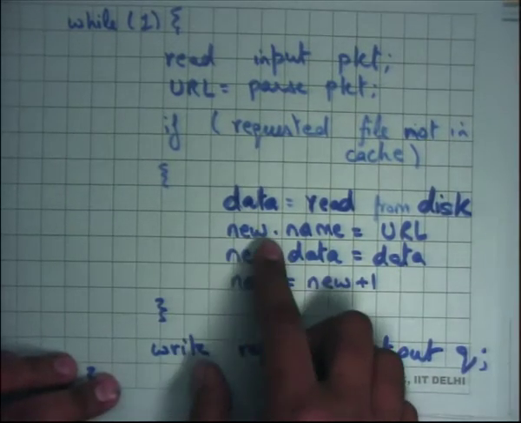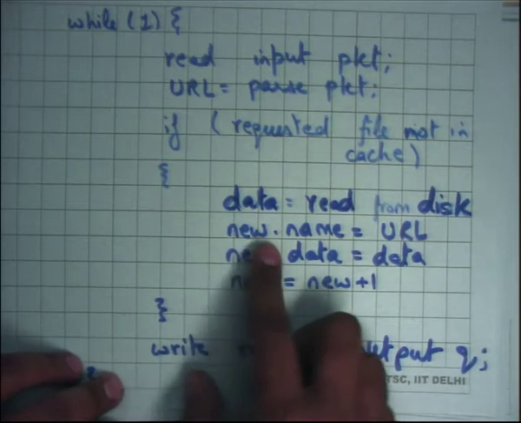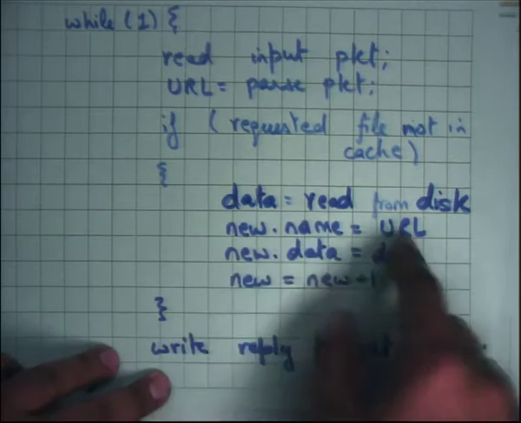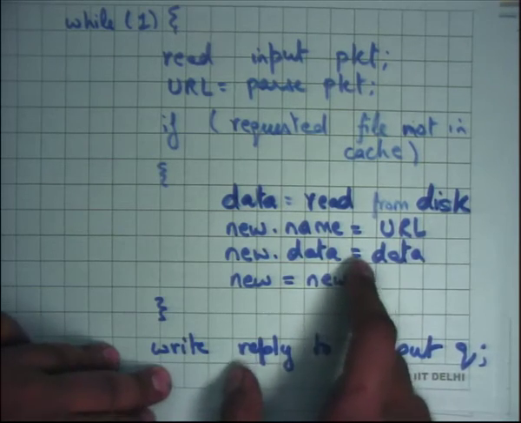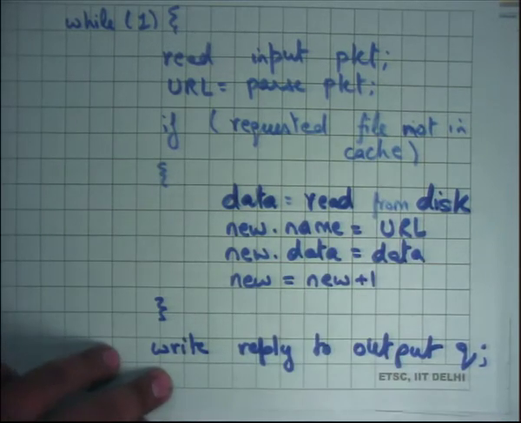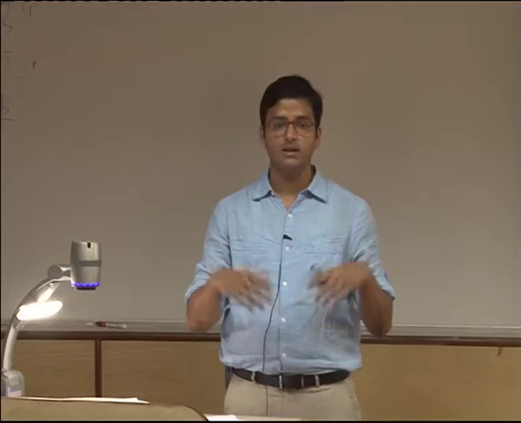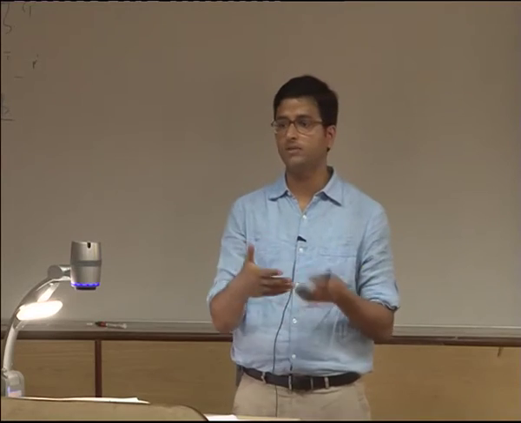Let's just say I have this pointer called new, and the new is the current empty slot, so you just fill up the empty slot with some data and its corresponding URL, and you increment the new, right. So this is better because if 90% of the requests hit in the cache, then 90% of the requests can be served from the cache, 10% of the requests need to go to the disk.